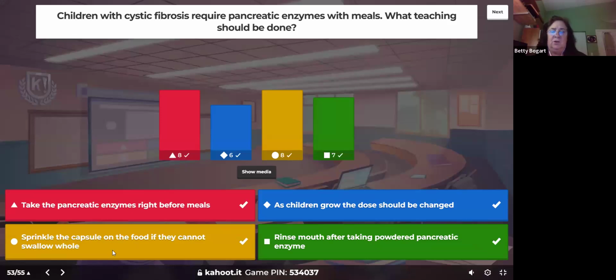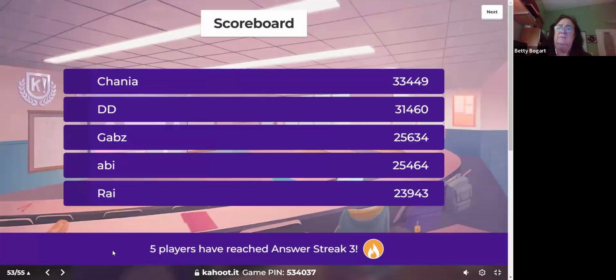Right before meals, you can open the capsule and put it on a little bit of food if they can't take it all. Again, anything with powder, you're going to rinse the mouth. And the one thing we always forget, make sure we increase the dose as they grow. Very good.